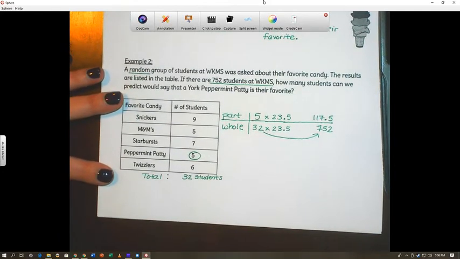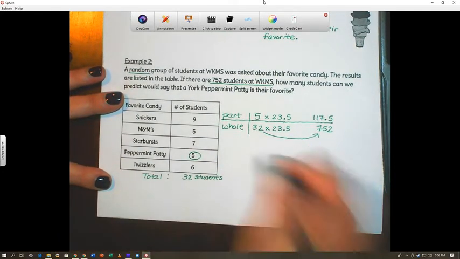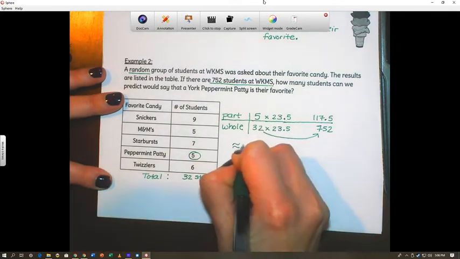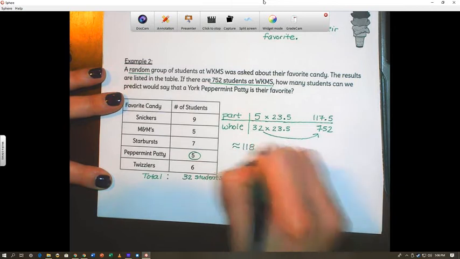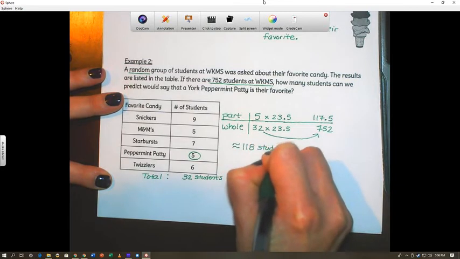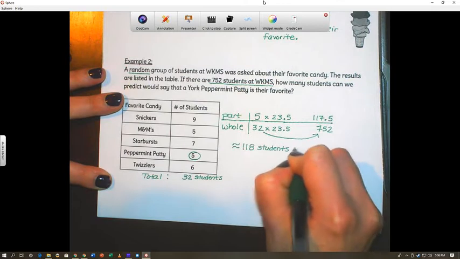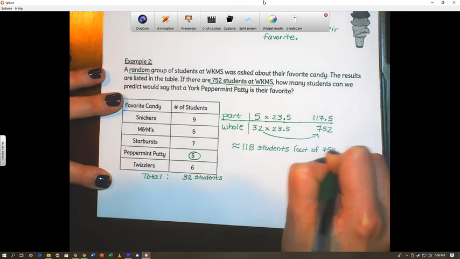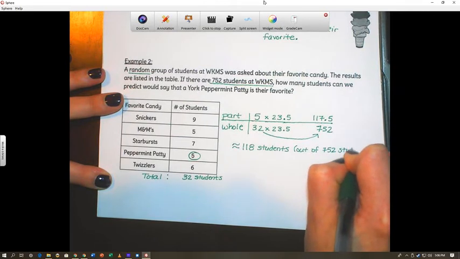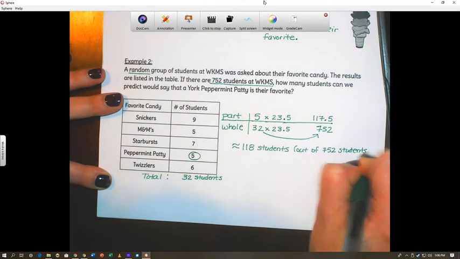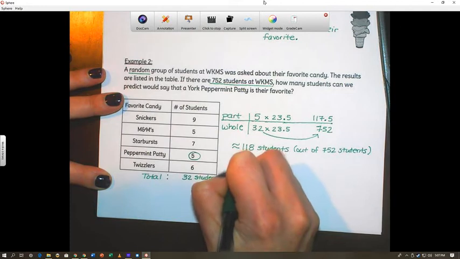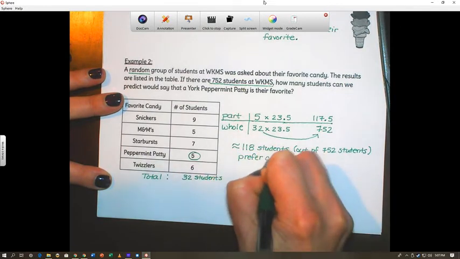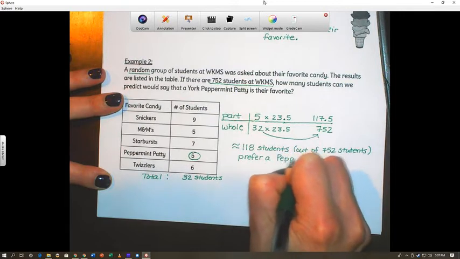So we can say, as our final answer, that approximately 118 students out of 752 students prefer a peppermint patty.